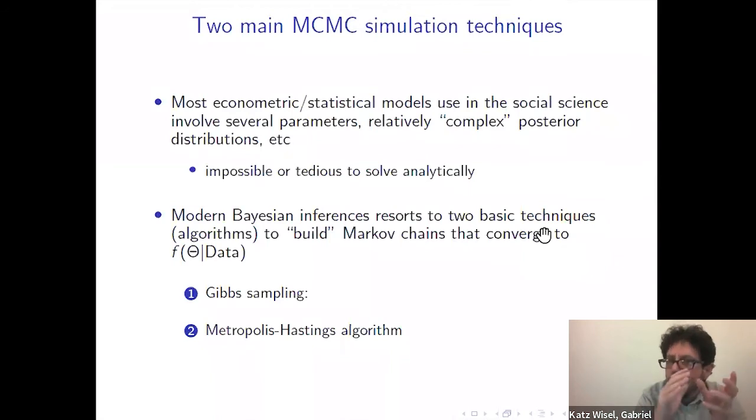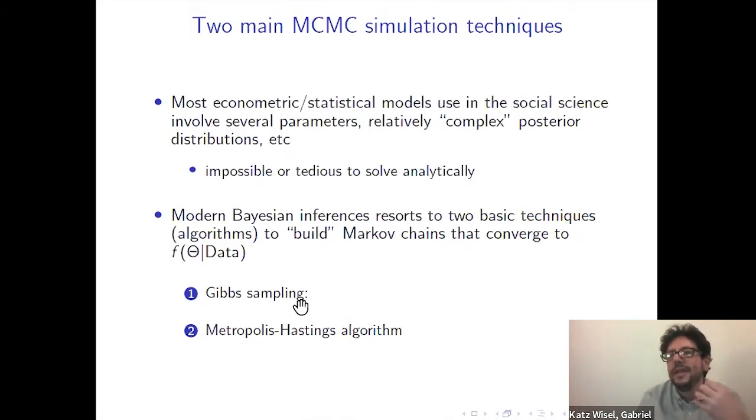However, we can use Monte Carlo simulation techniques, or Markov chain Monte Carlo simulations, that will enable us to draw inference about these parameters, even when we don't have closed form solutions.